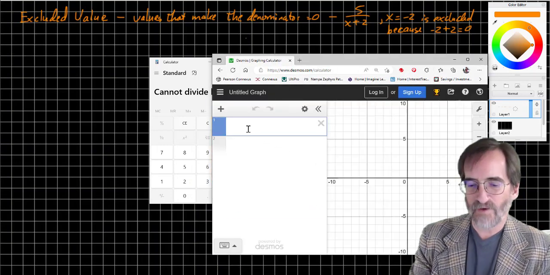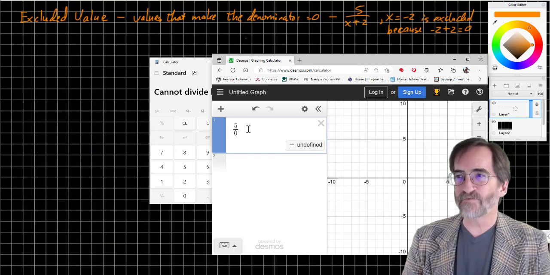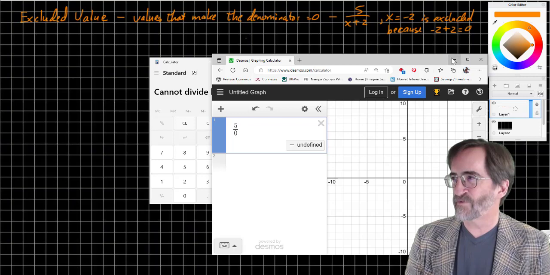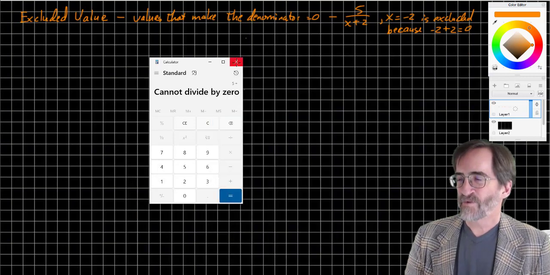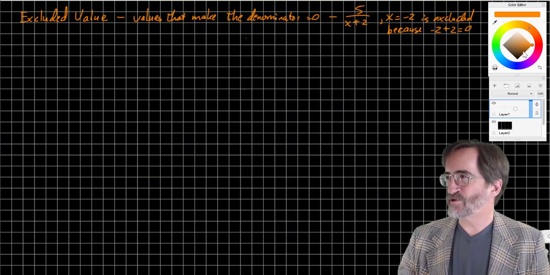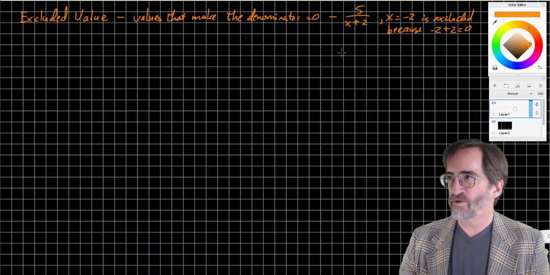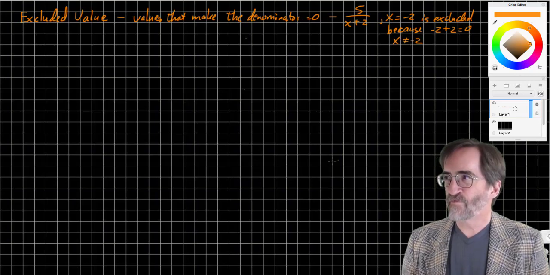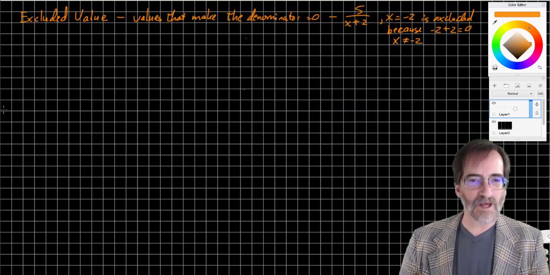You try 5 divide 0, it says undefined, and that's the proper term. It is undefined. It is something that can't happen. So excluded values are values that make the denominator 0. So we exclude them, we count them out. And we say x cannot equal negative 2 with an equals with a slash.